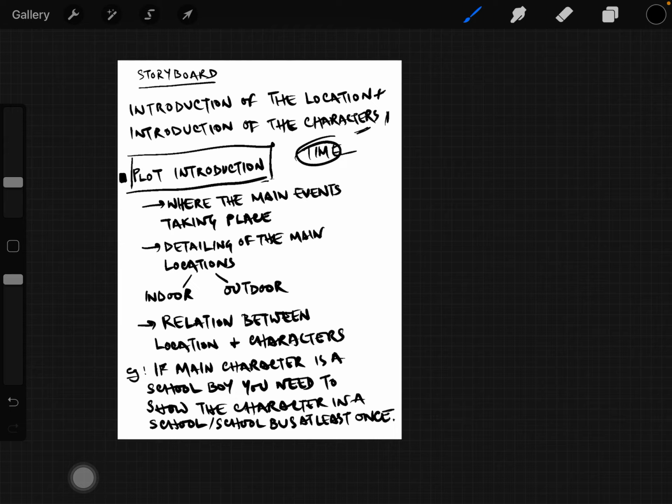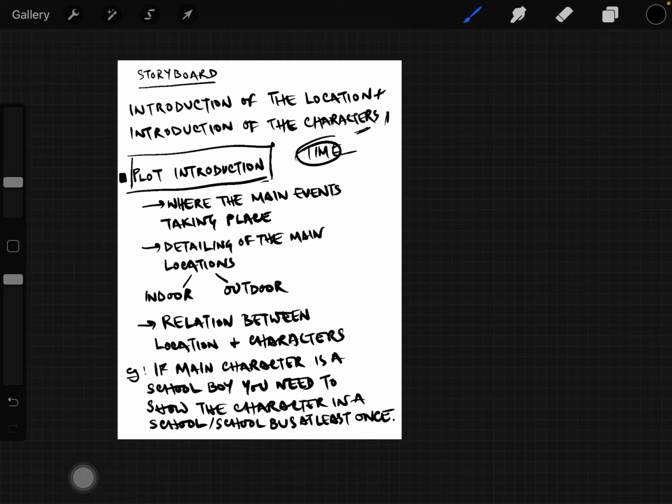So as storyboard artists, when you are drawing the locations as an introduction to the story, you need to think about these things in detail. What kind of backgrounds you are going to use in the storyboard shows a lot about the main idea of the story.